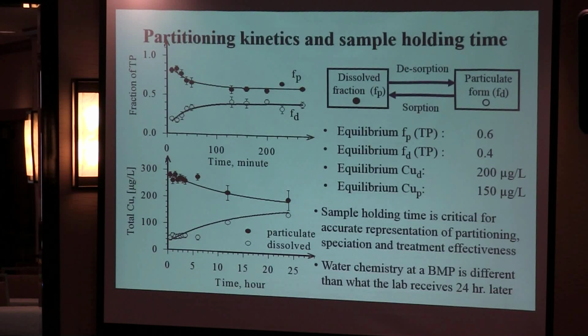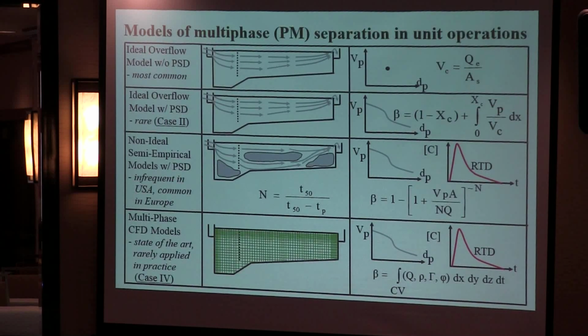And in addition, really not the focus of this talk, but those of you who might go out and sample and analyze, trying to characterize urban stormwater, recognize that urban stormwater is not wastewater from a characterization or from a sampling point of view. Very dynamic partitioning occurs for all of the different chemicals at different rates. So how you sample and how you analyze is absolutely critical to your results.